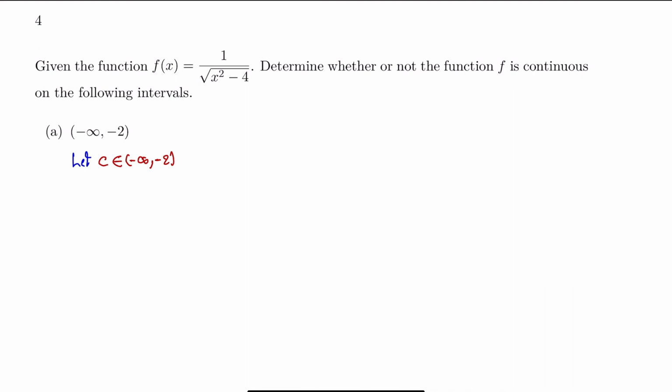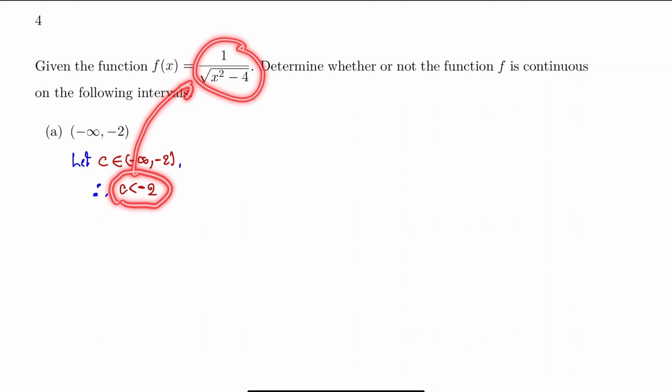What does this mean? That means that c is going to be less than minus 2. And try to show that when c is less than minus 2, all the values of c are defined in this expression 1 over square root of x squared minus 4. So now what do we have?